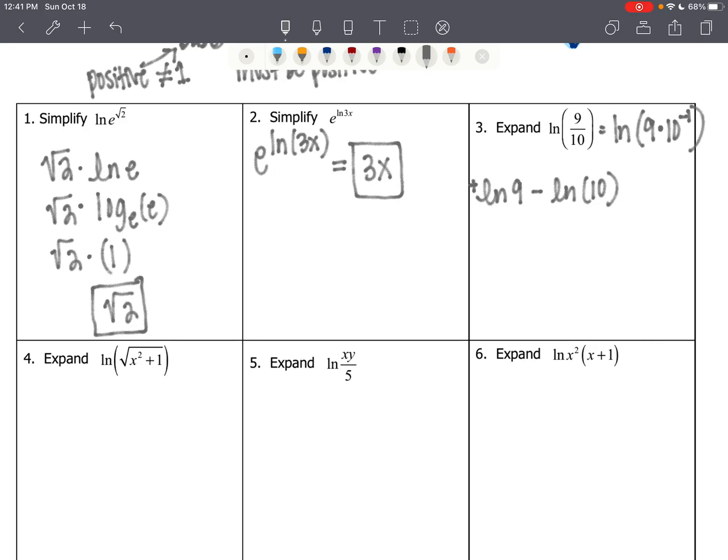So if I use the product rule, I'll have the natural log of 9 plus the natural log of 10 to the negative 1. And then 10 to the negative 1, that exponent comes out front, making your positive a negative, and you too will get natural log of 9 minus the natural log of 10.